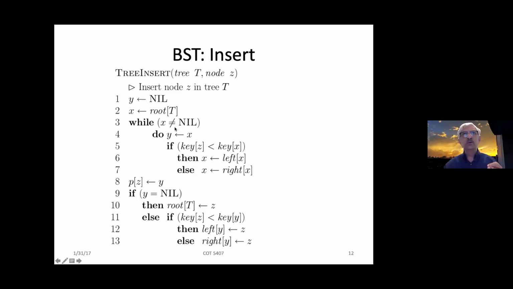So it's a while loop that says, as long as x is not nil, if the value you're looking for is smaller than the value at the node, make x the left child. Otherwise, make x the right child and continue with the operation. So this is essentially the search part.